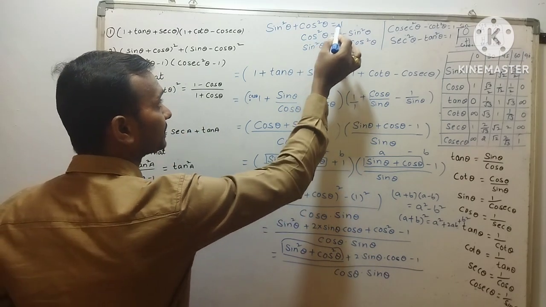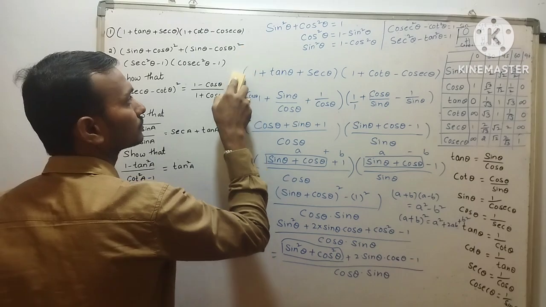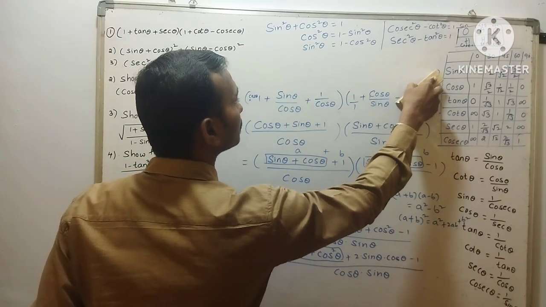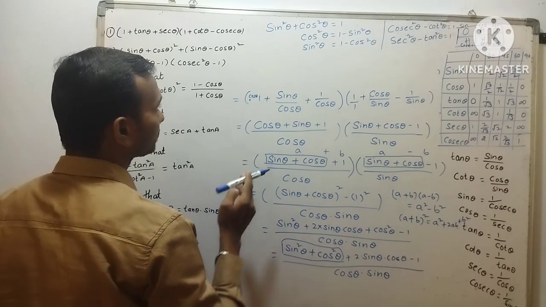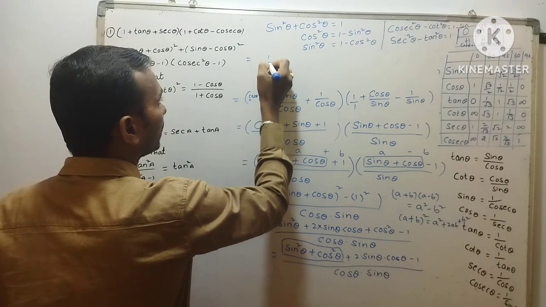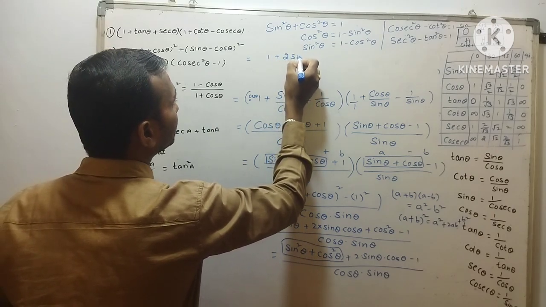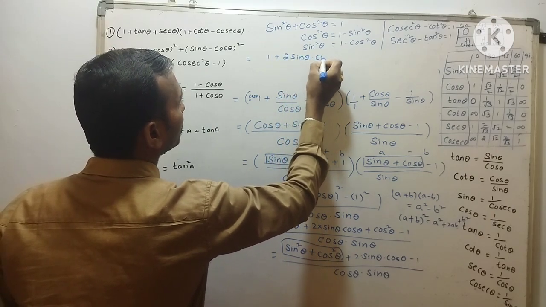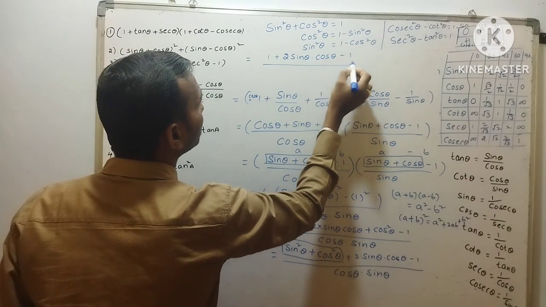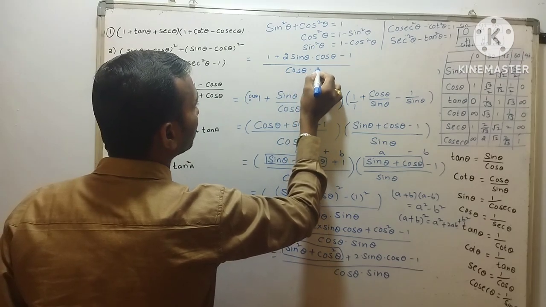We have an identity. So now you substitute in the place of sin square theta plus cos square theta, that is 1 plus 2 times sin theta into cos theta minus 1 by cos theta into sin theta.